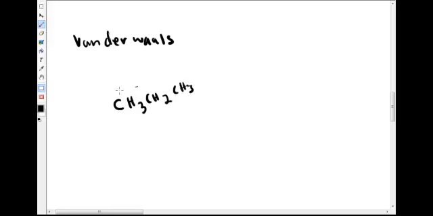The electron cloud can get bigger in some places at certain times, and you can create momentary dipoles in the molecules.